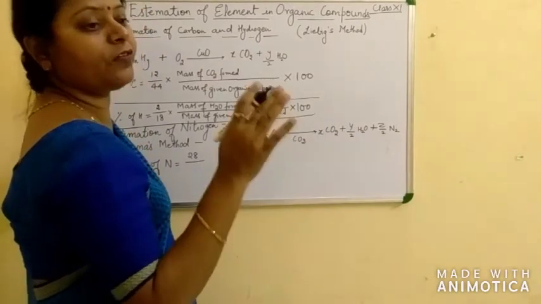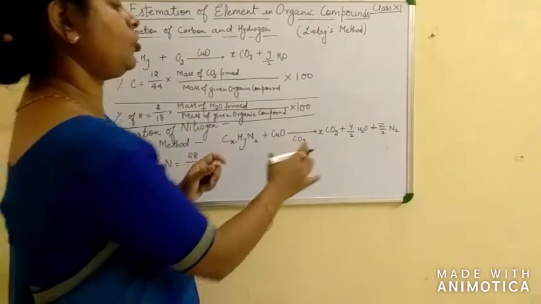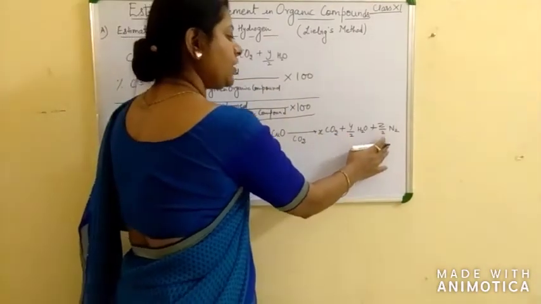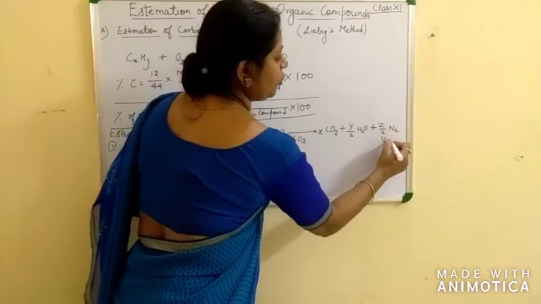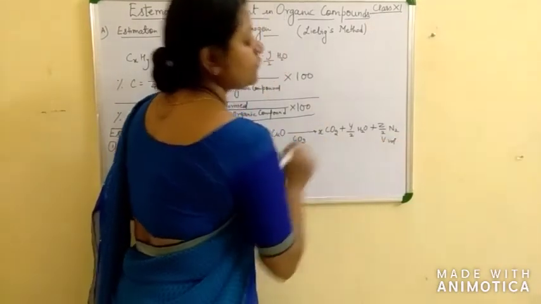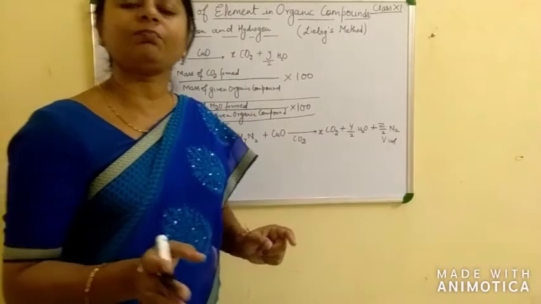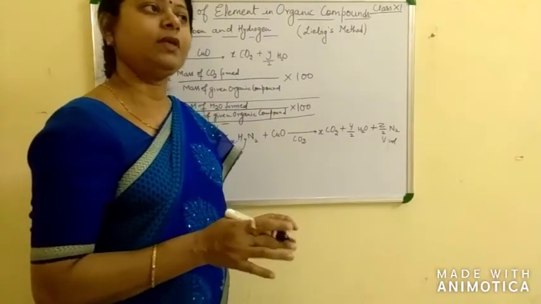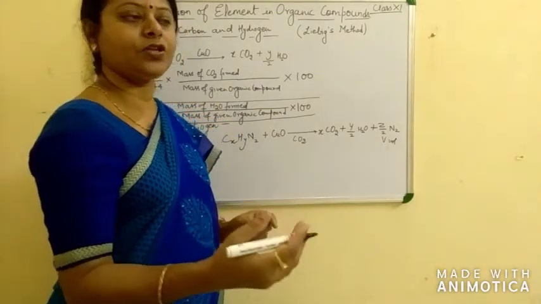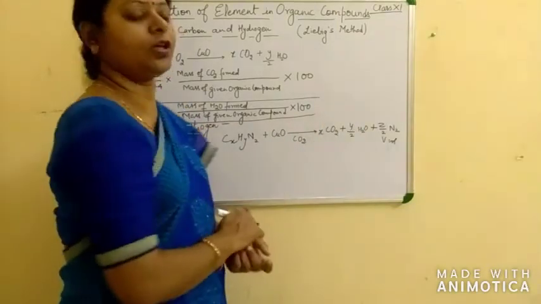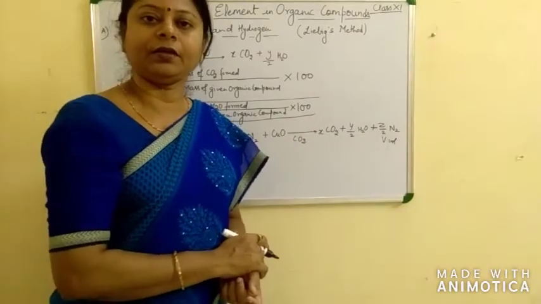So first we convert this volume of nitrogen, if we get V volume of nitrogen, into the STP volume. Means at standard temperature and pressure, whatever the volume of nitrogen, first we have to calculate that.